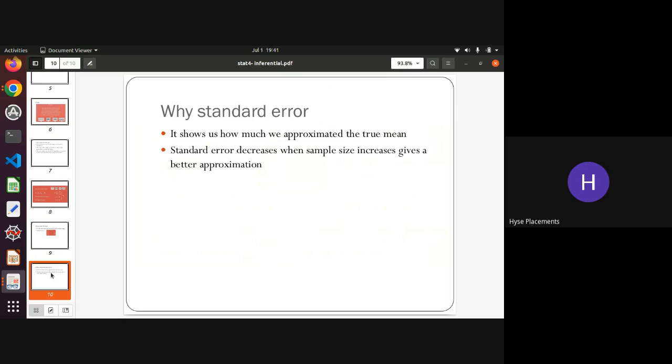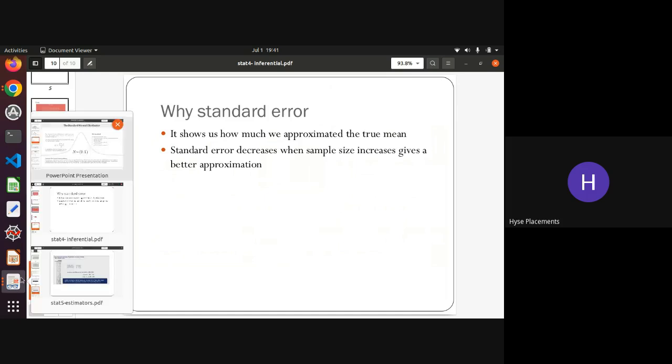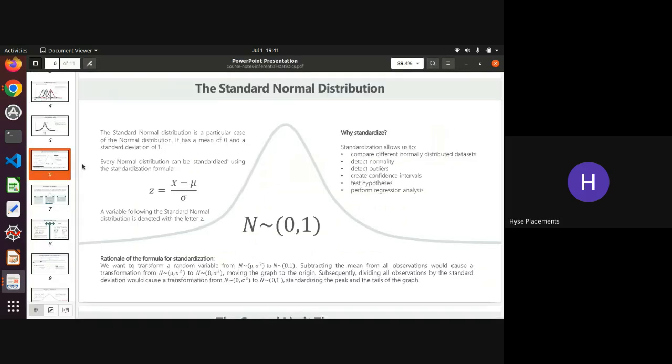The reverse also holds: when the sample size decreases, it doesn't give us a good approximation. When the sample size increases, you get a good approximation, which makes the standard error decrease. Clear?